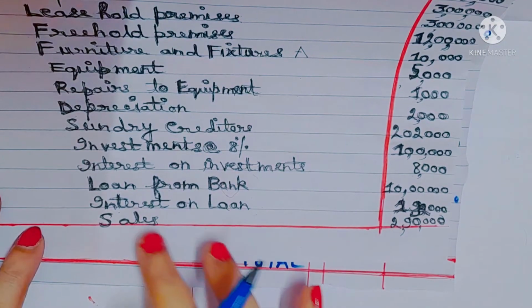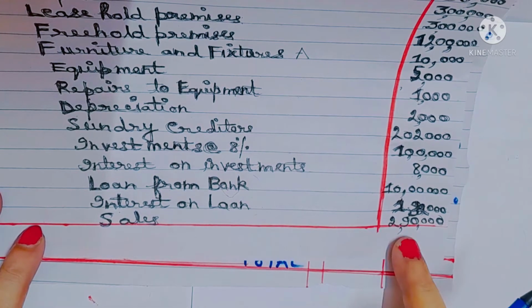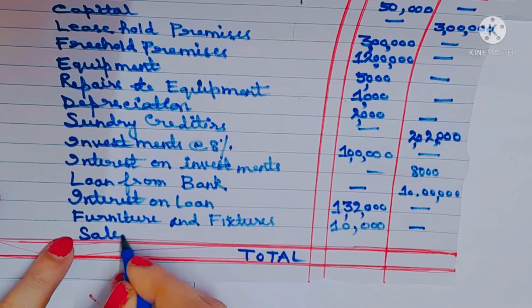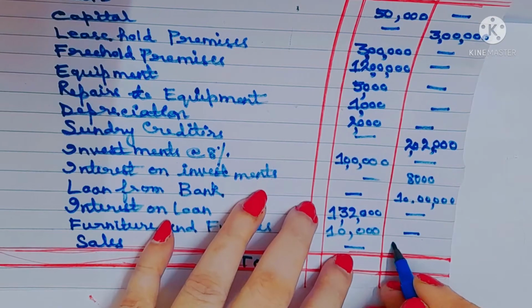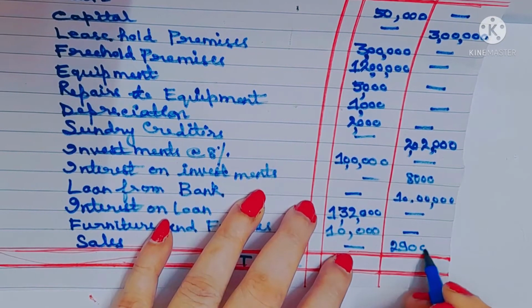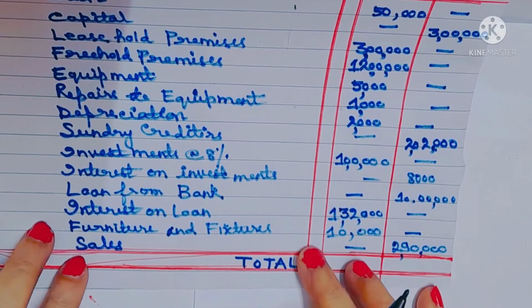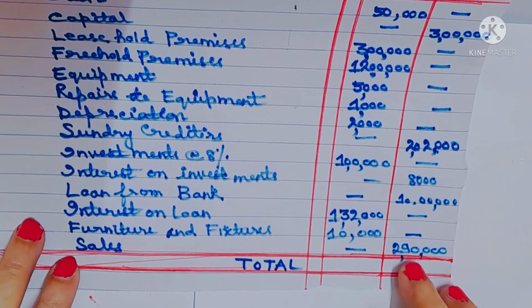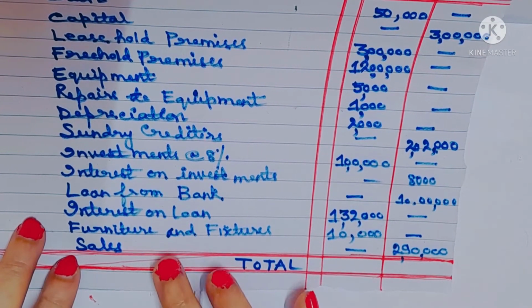The last account is sales account. How much? 2,90,000. Let's write sales account, 2,90,000. Sales account is a credit balance, and that is the reason we have written 2,90,000 in the credit column. But why is sales a credit balance?